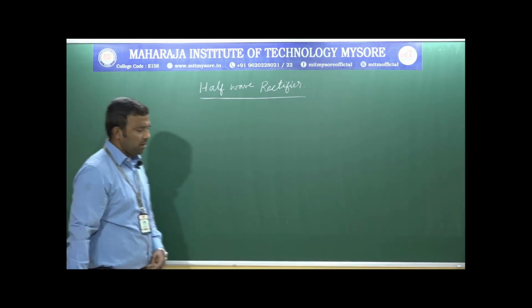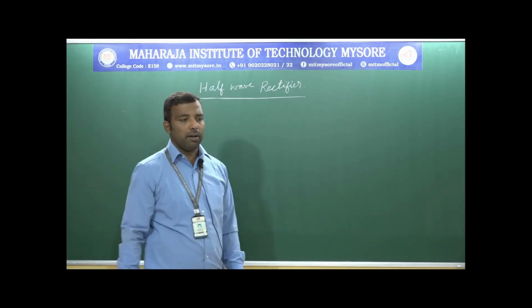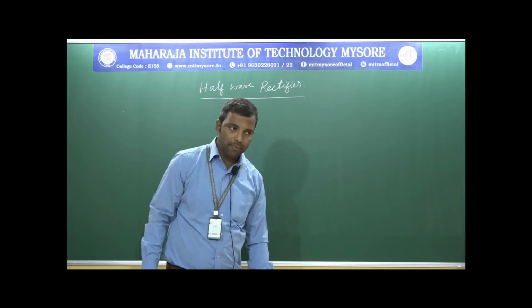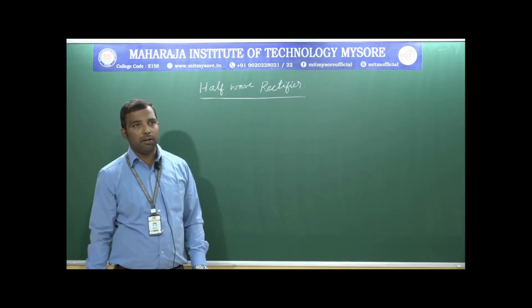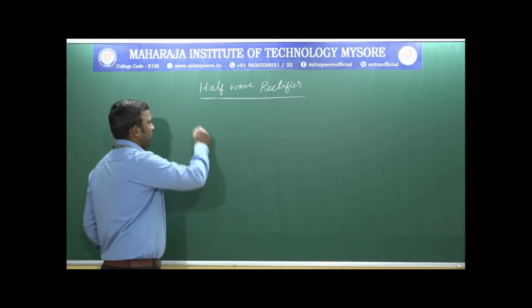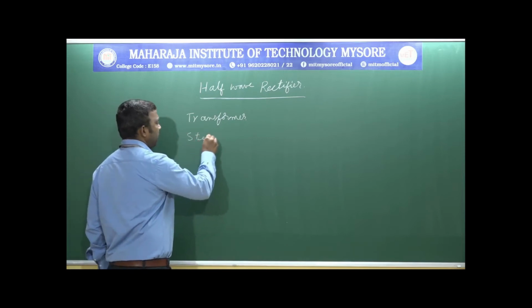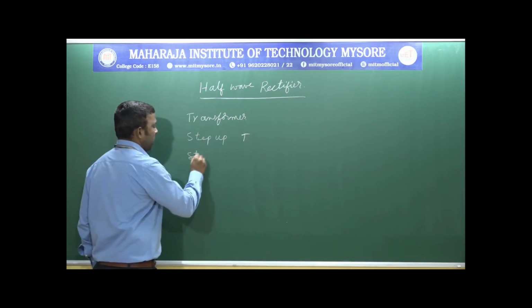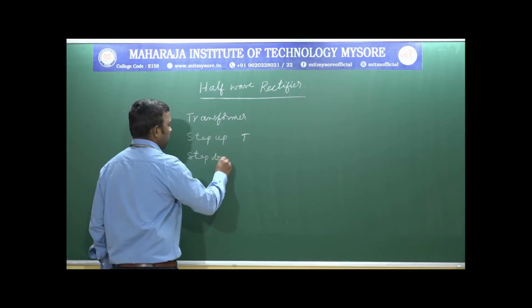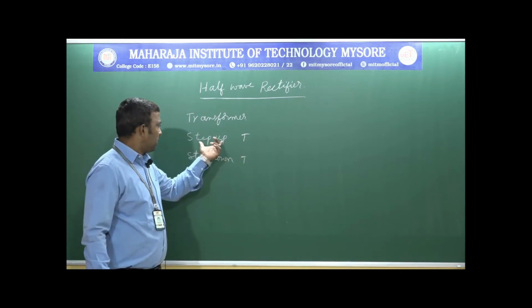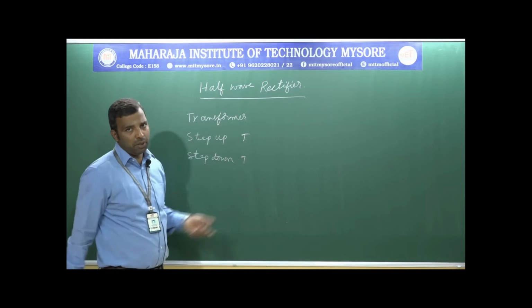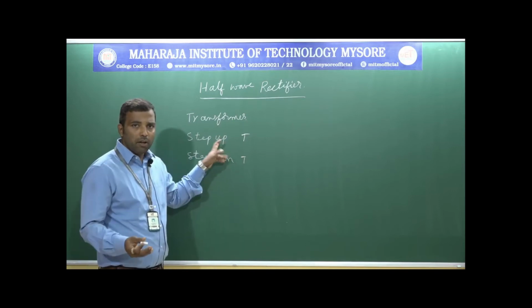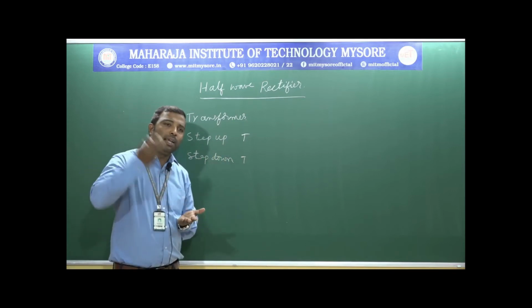Before considering the rectifier, here we are using a transformer. There are two types of transformer: one is step up and the other is step down. As the name indicates, in a step up transformer we are increasing low voltage to high voltage.